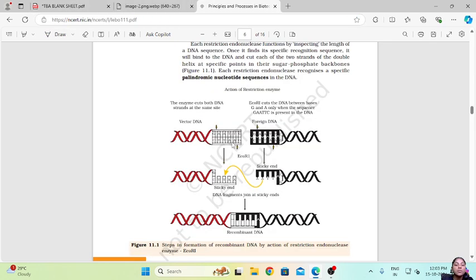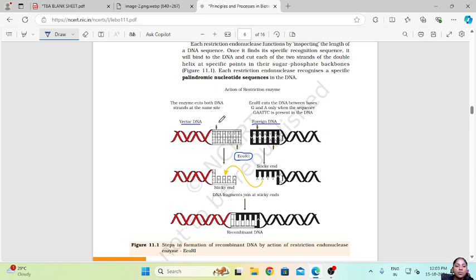So let us see over here. Now these are the steps in formation of recombinant DNA by the action of the restriction endonuclease enzyme, that is the E. coli enzyme. So here we have two DNA strands. This one is the vector DNA and this is a foreign DNA. So here the restriction enzyme E. coli is used to cut these fragments.